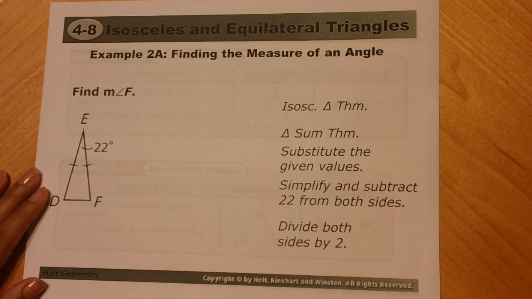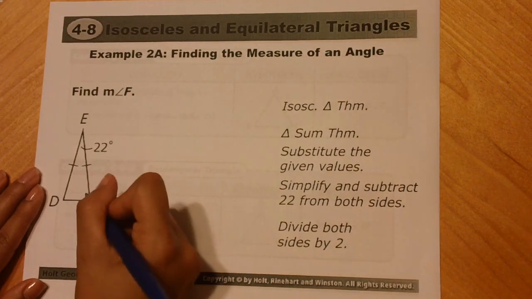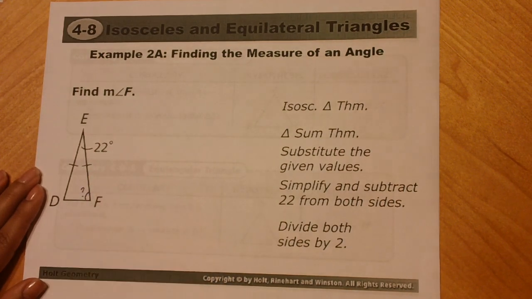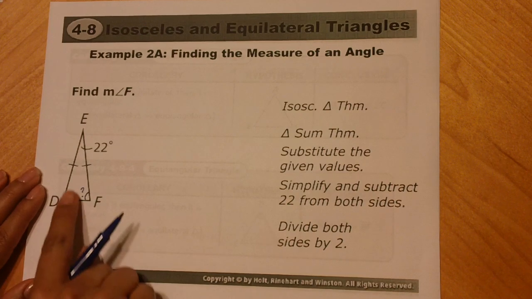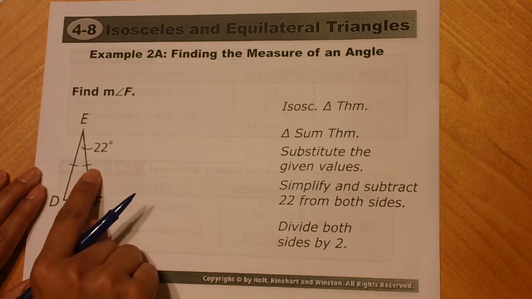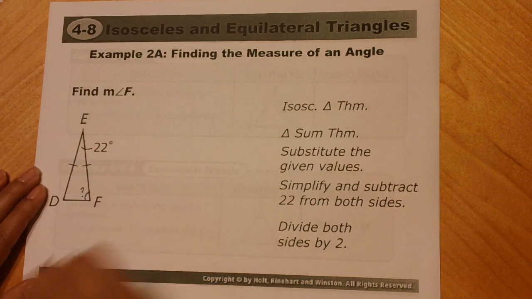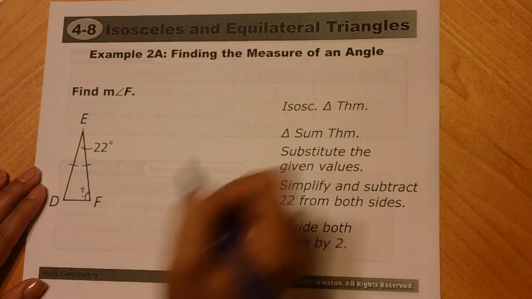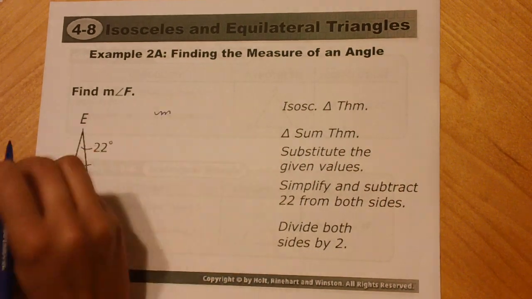Here's your next task. You need to find the measure of angle F. So this is the one that we're looking for. You know that the isosceles theorem says that if these two side lengths are the same, then that means angle D and angle F are going to be the same. So I can make that statement.